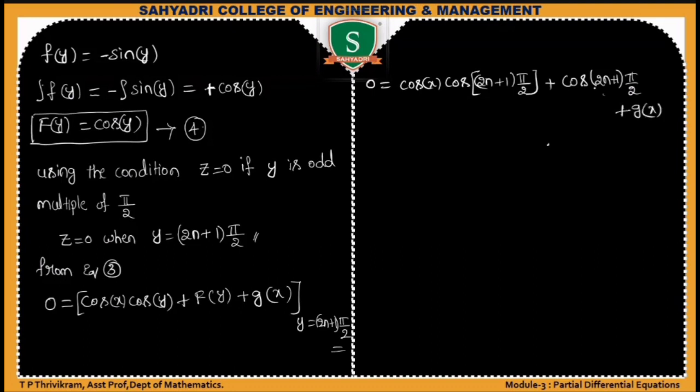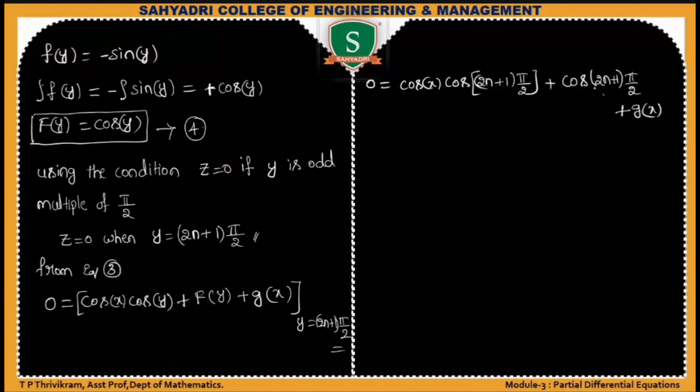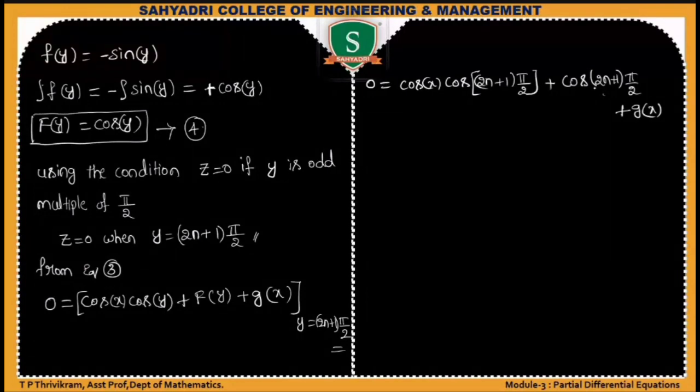What is cos of an odd multiple of pi by 2? Cos pi by 2 is 0. For all odd multiples of pi by 2, you'll get 0 as the answer.